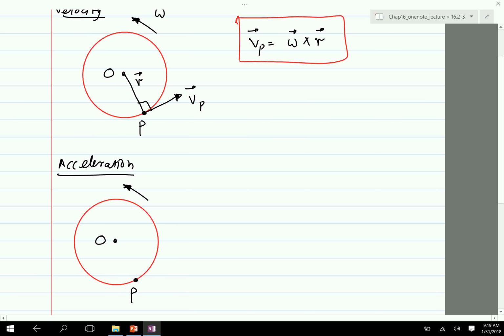So we'll use the nt coordinates for this. So the vector in the t direction, ut, and the vector in the n direction, un.